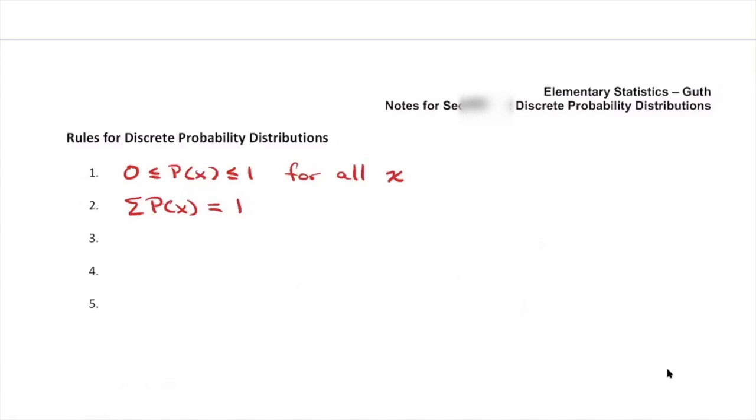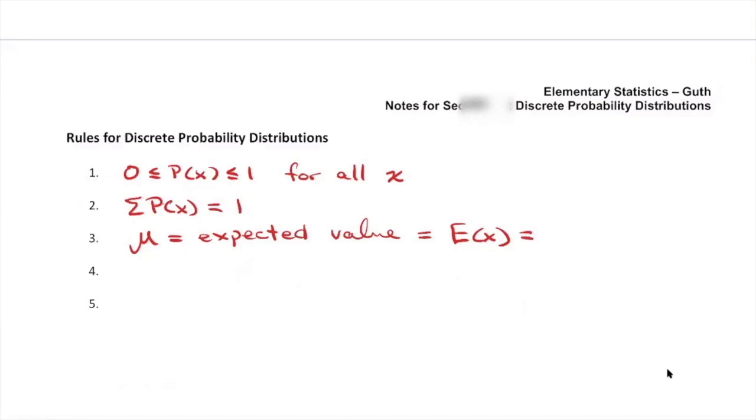Then I think the next one was that the mean is also called expected value. Now it gets a new name. It's also denoted E of X. So these are all different ways of saying the mean.